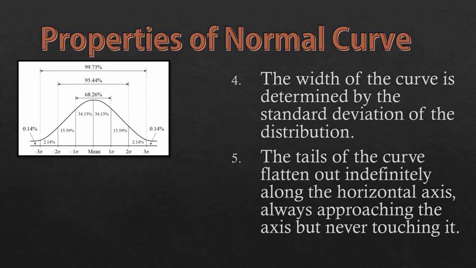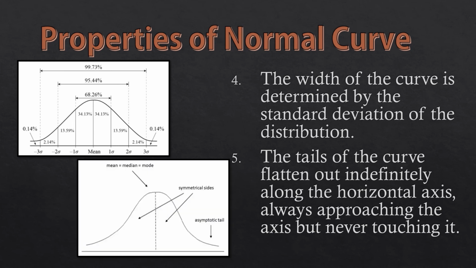The tails of the curve flatten out indefinitely along the horizontal axis, always approaching the x-axis but never touching it. This means that our bell-shaped curve, the normal curve, has asymptotic tails.